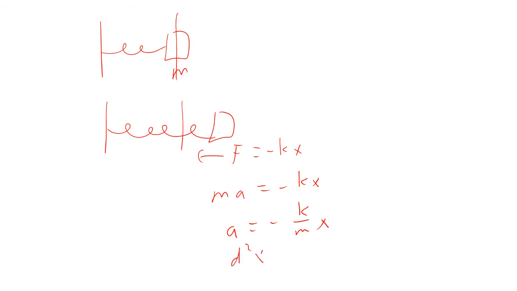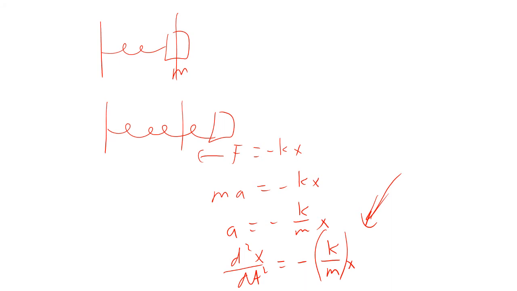So the second derivative of x with respect to time equals minus k over m x. That's the harmonic oscillator equation. And so that's pretty much the same equation we have. Instead of x, we have q, and then these are just constants out there. So basically, the equation that we have for the charge is a harmonic oscillator equation. And so that means the charge is simply going to oscillate back and forth.